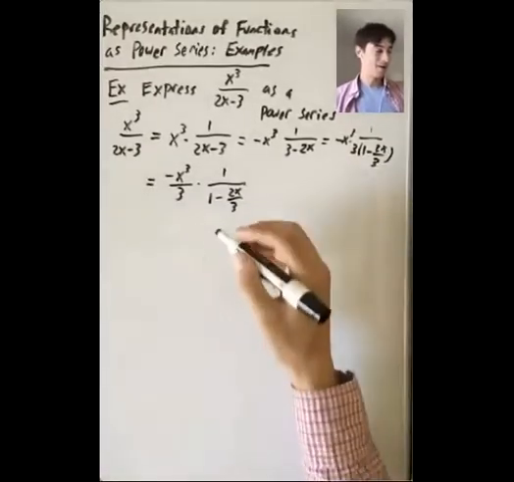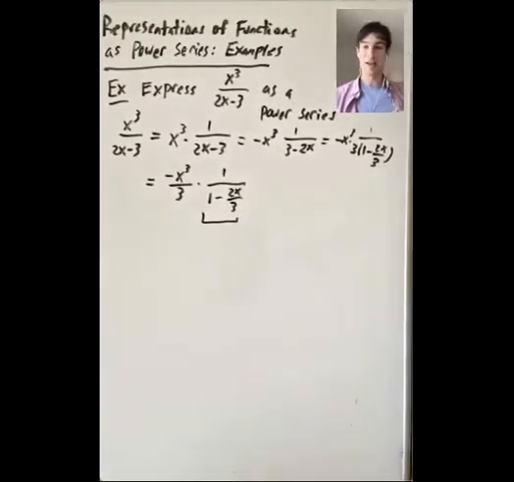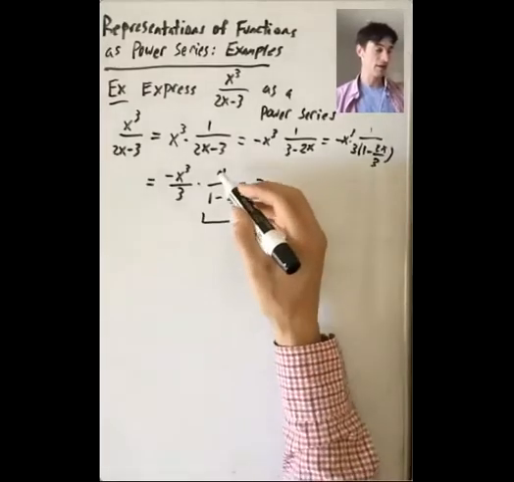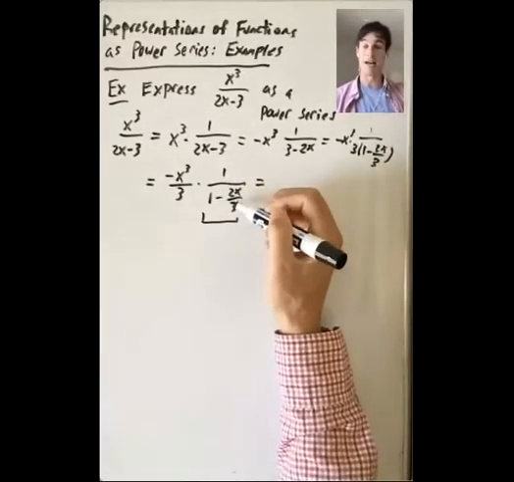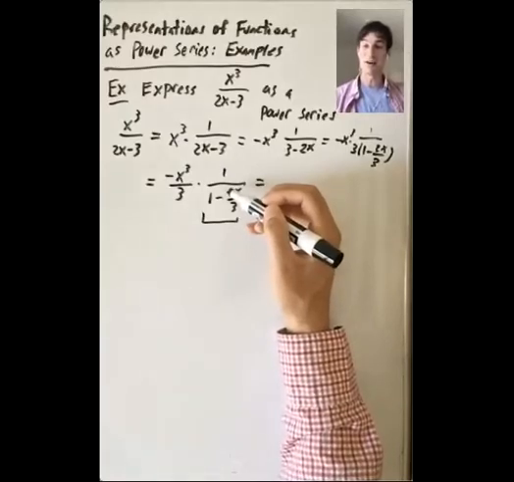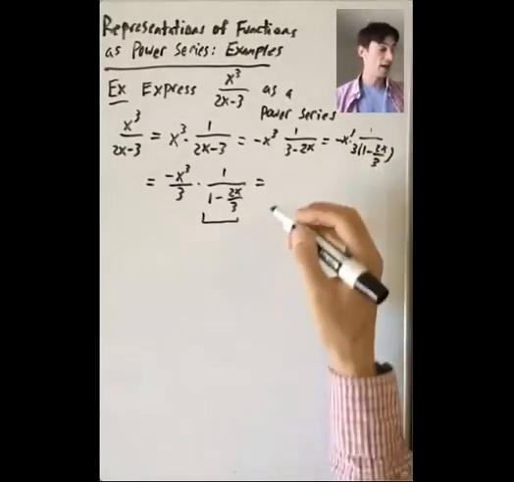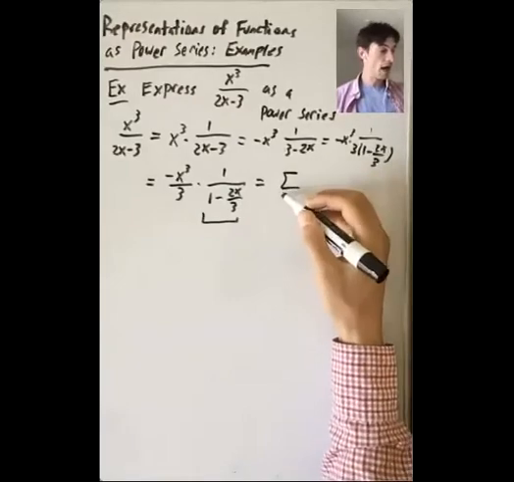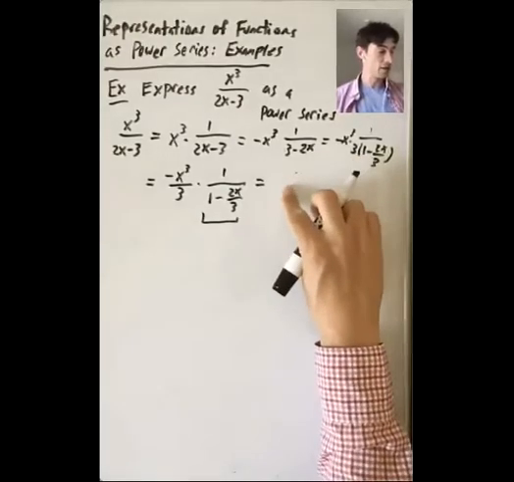So now we know how to take this function and write it as a power series. We can think of this as 1 over 1 minus y. Writing this function as a power series is a sum from n equals 0 to infinity of y to the n. Here, y equals 2x over 3.